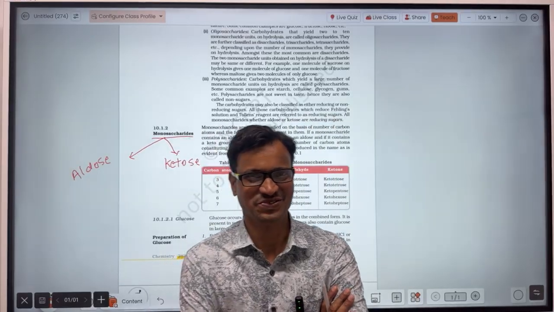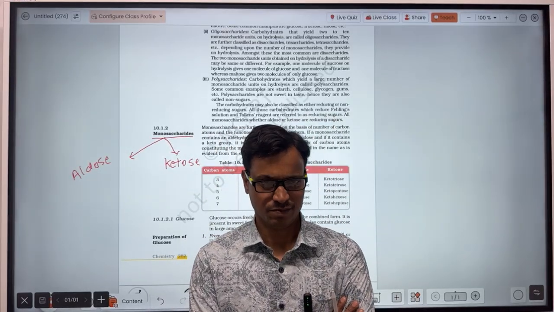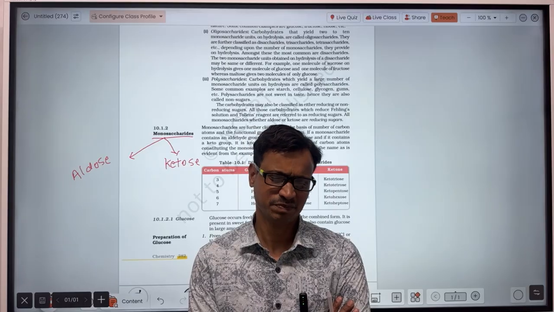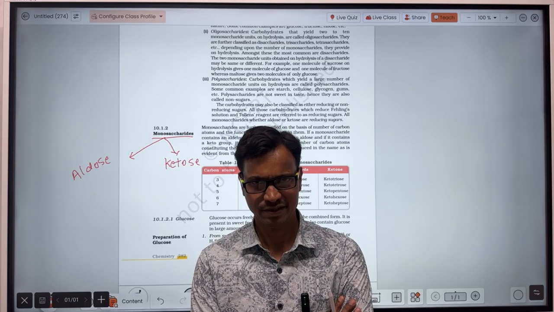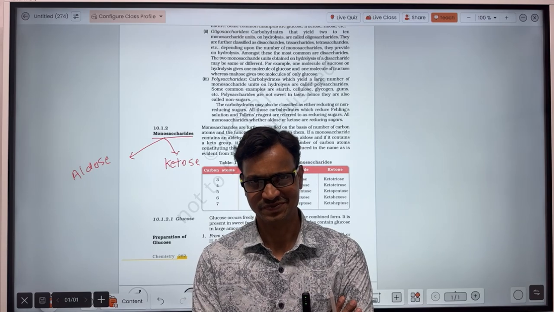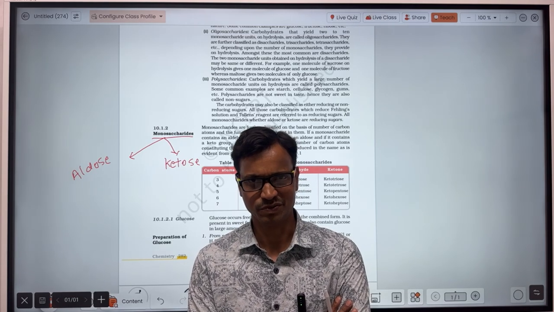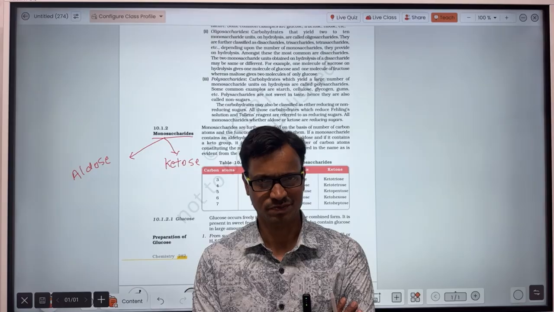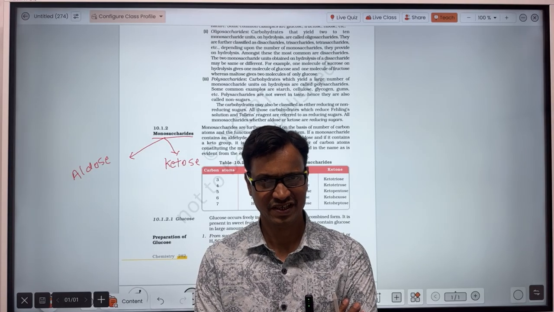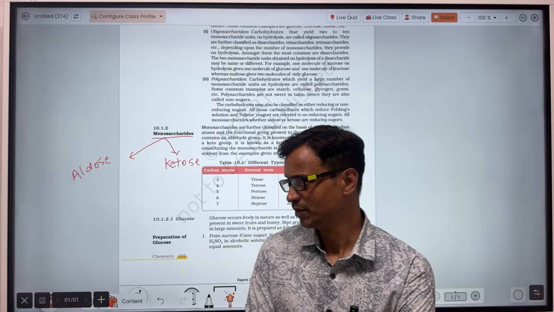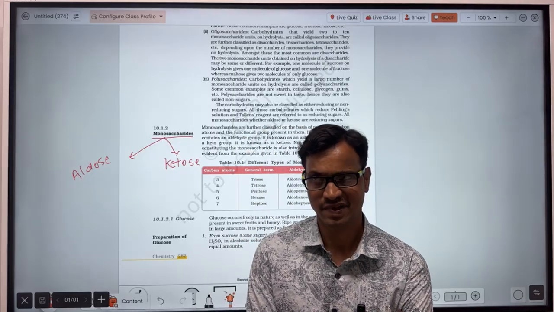Aldose and ketose. As you know, in the definition of carbohydrate, a monosaccharide has an aldehydic group or a ketonic group and more than one hydroxyl group. If the compound has an aldehydic group, then that monosaccharide is classified as an aldose.